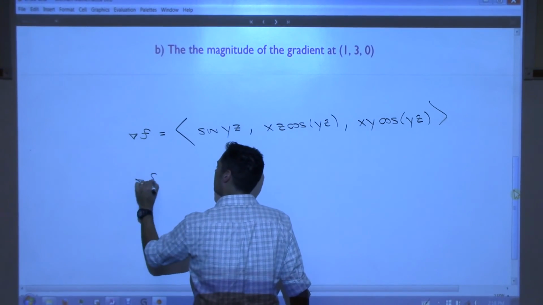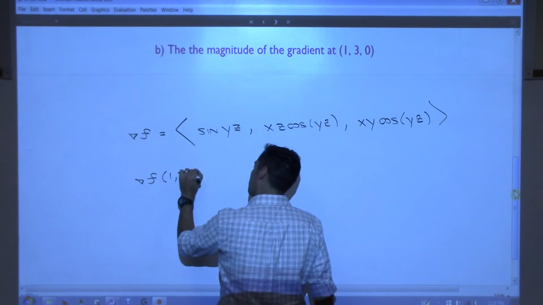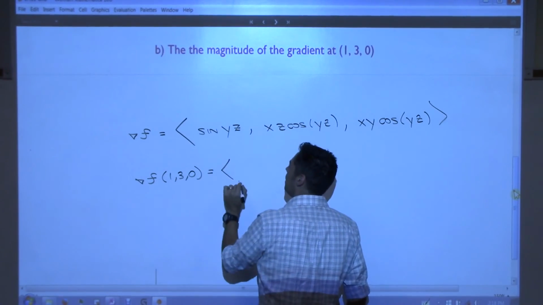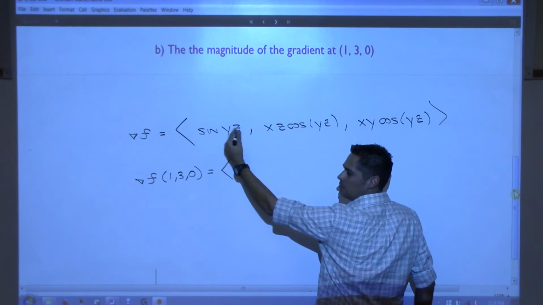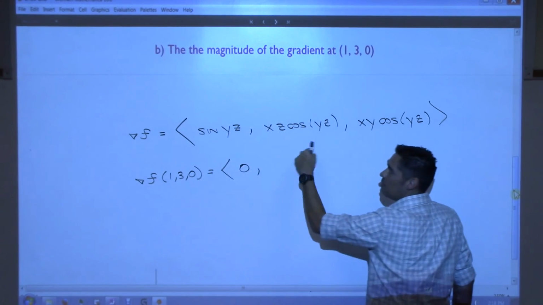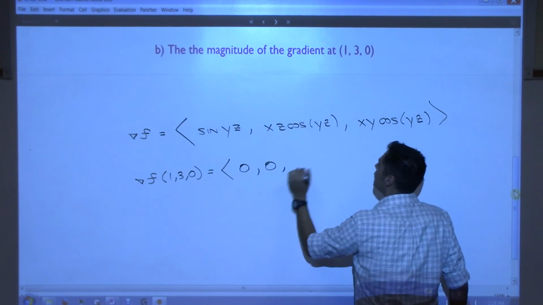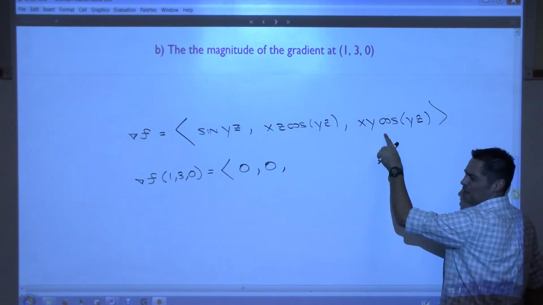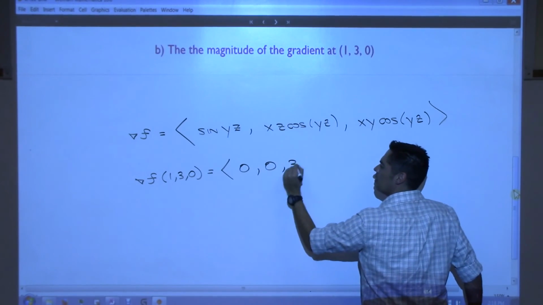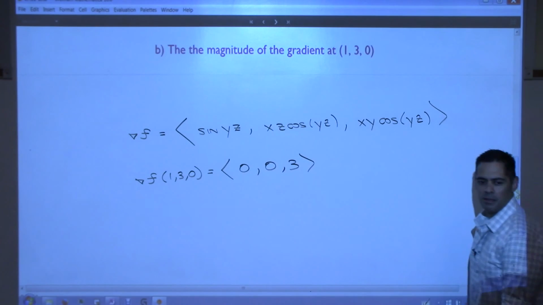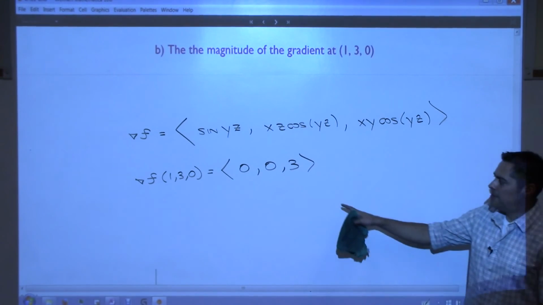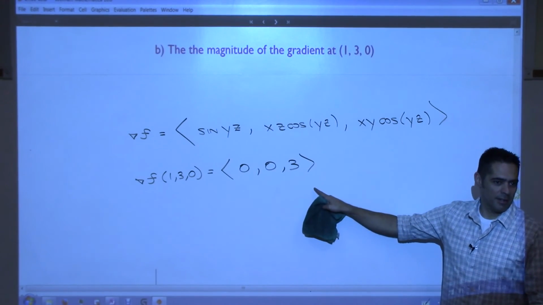The gradient at 1, 3, 0 turned out to just be, well, this was 0, and this one was 0, and this one turned out to be 3. That's not the magnitude of the gradient, that's just the gradient.